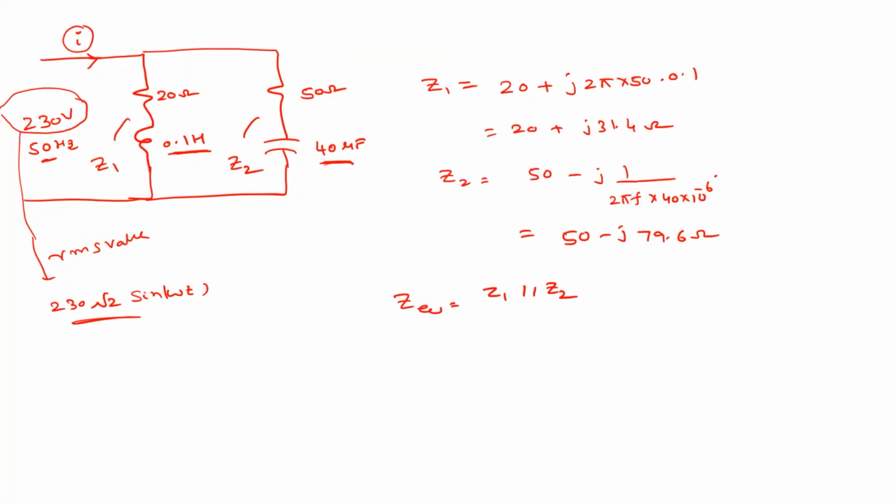Either directly, Z equivalent is Z1 Z2 by Z1 plus Z2, the multiplication of these two divided by the sum.